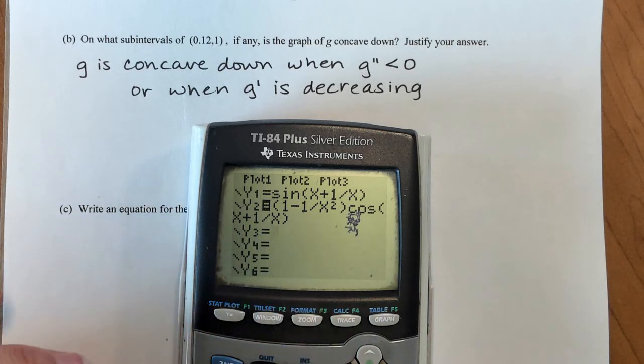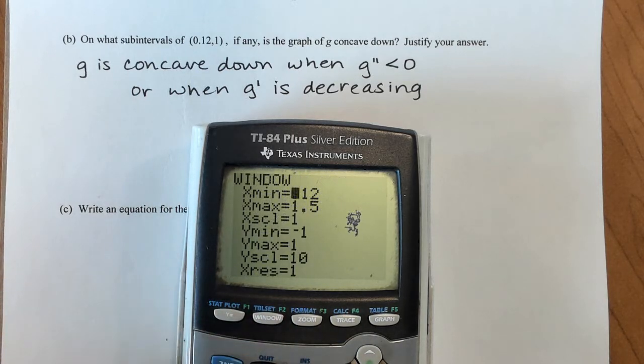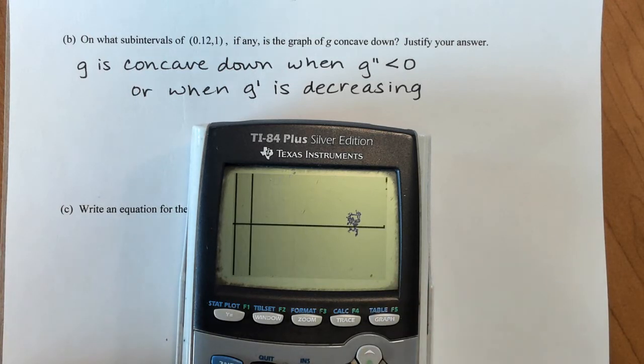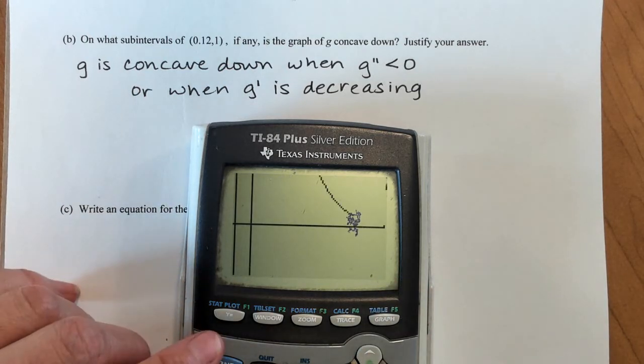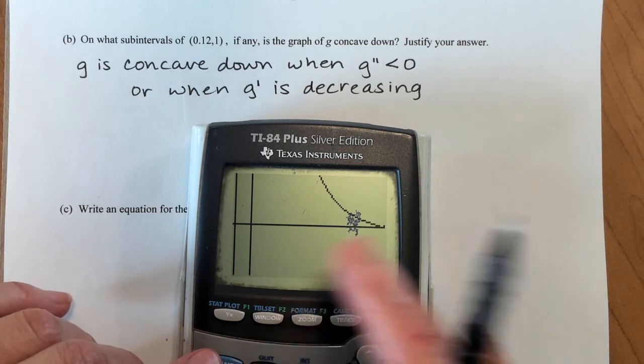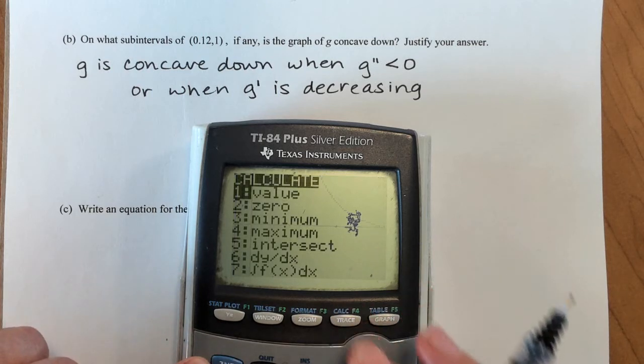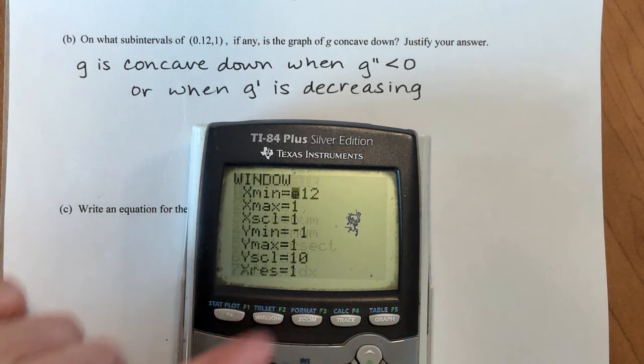And now I'm going to graph the second derivative from 0.12 to 1. And I'm probably going to need to change, yeah, okay. So let's change my window so I can actually see what's going on here. Window.